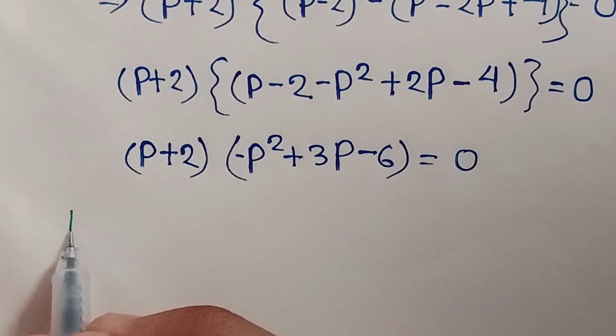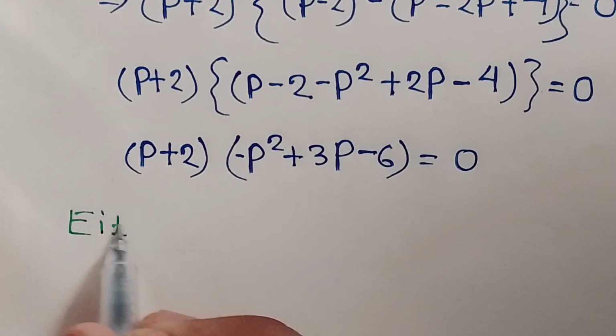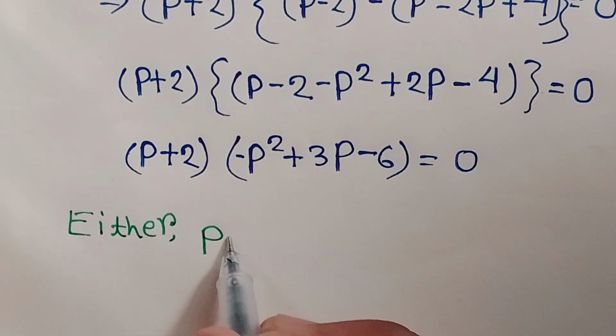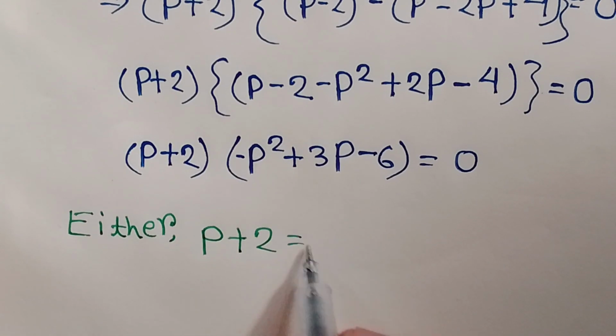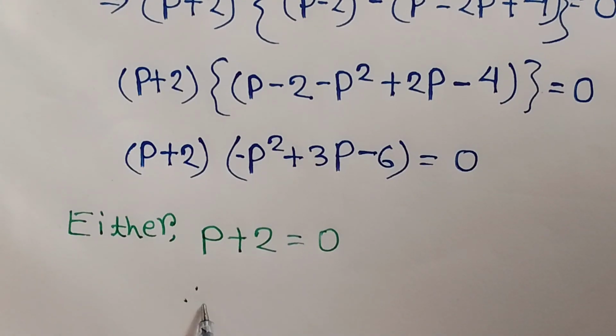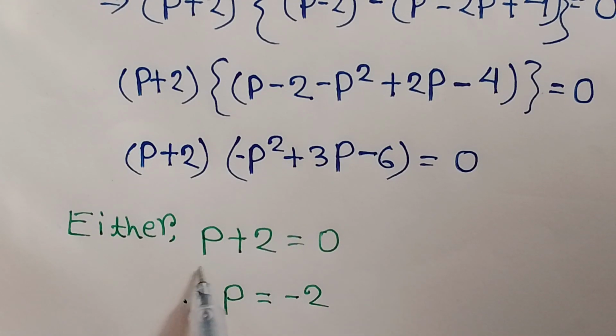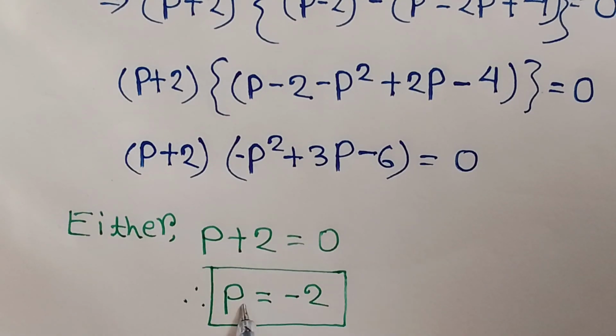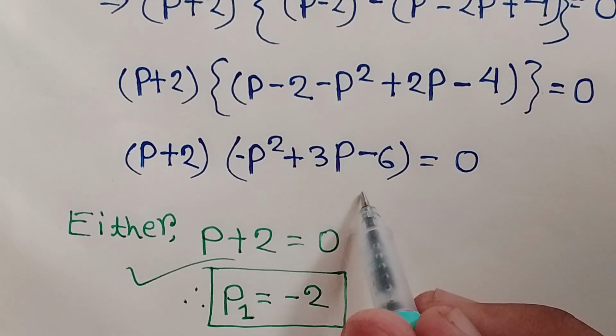So here we get two equations. Now either we can write p plus 2 is equal to 0. So from this we can write p equal minus 2. So here we get our first answer, p1 equal to minus 2. This is our answer number 1.